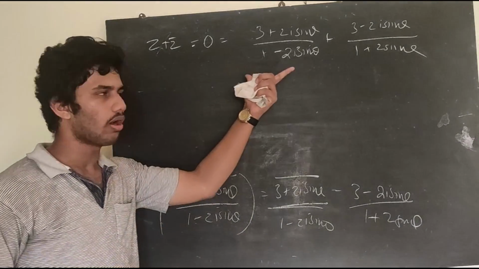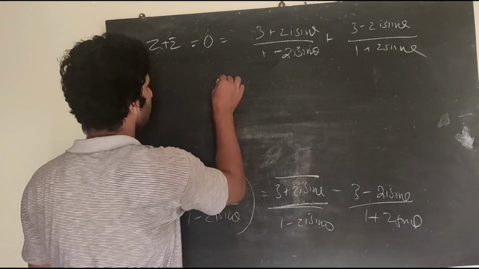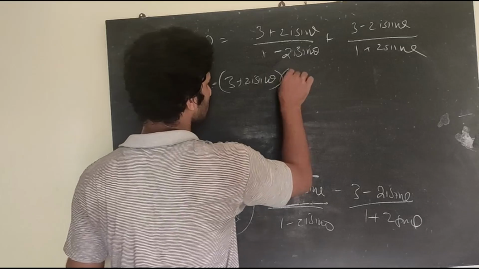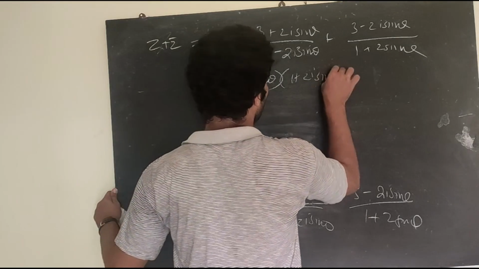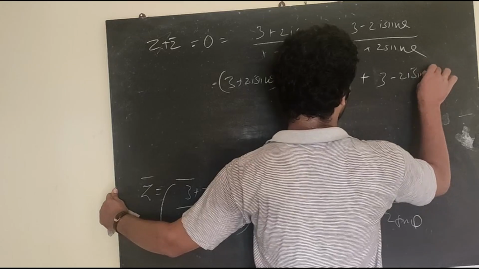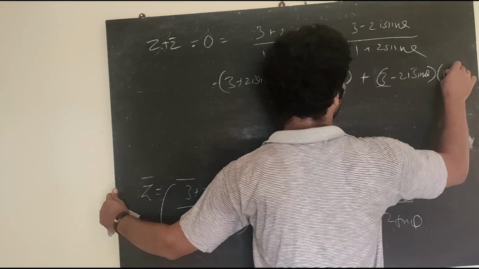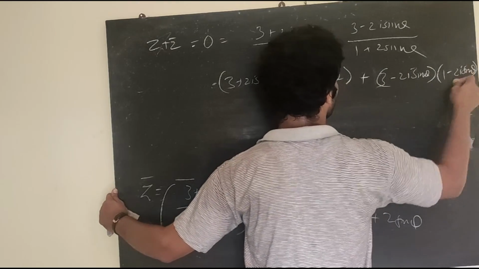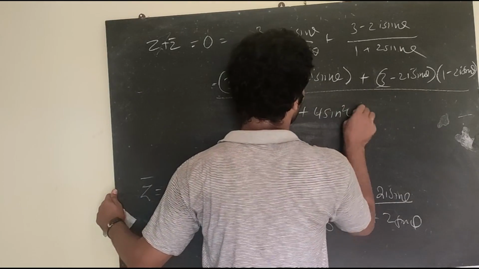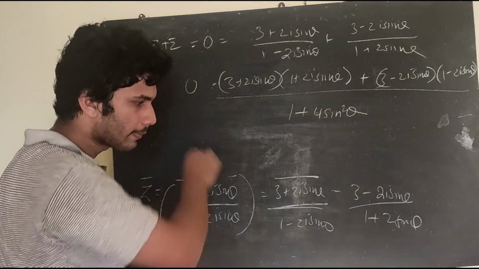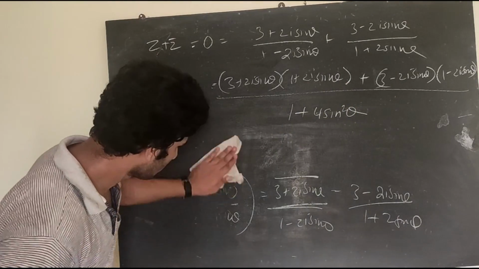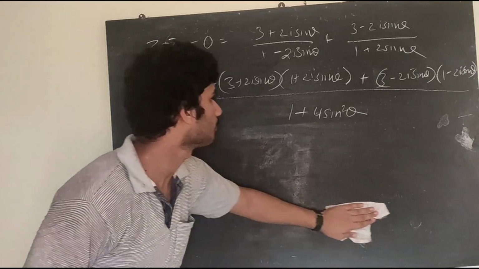You need not solve all this. We'll cross multiply first: (3 + 2i sin θ)(1 + 2i sin θ) plus (3 − 2i sin θ)(1 − 2i sin θ), whole divided by 1 plus 4 sin²θ, and that is equal to 0. I don't mind what the denominator will be. I am worried about the numerator only.